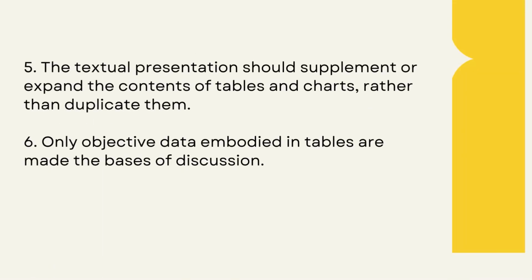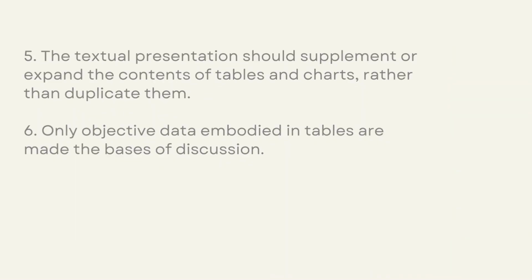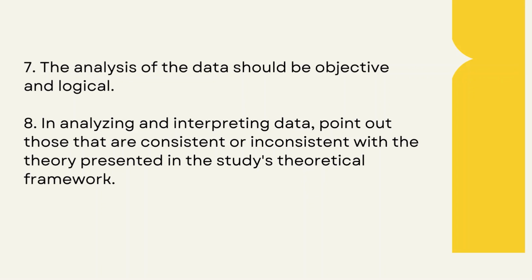Number 5, the textual presentation should supplement or expand the contents of tables and charts rather than simply duplicating what is inside of them. Number 6, only objective data embodied in tables are made the basis of discussion. Number 7, the analysis of the data should be objective and logical. Number 8, in analyzing and interpreting data, point out those that are consistent or inconsistent with the theory presented in the study's theoretical framework.